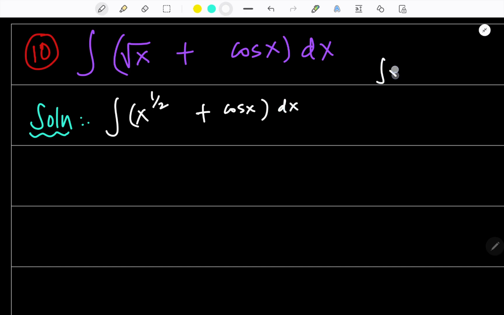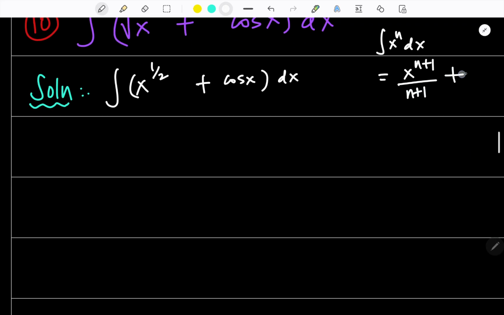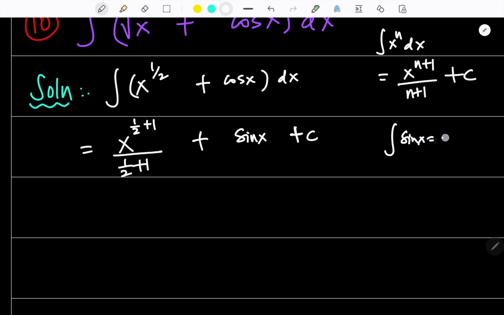The same formula I'm going to apply, the integral of x power n dx is equal to x power n plus 1 divided by n plus 1 plus integrating constant c. So x power half plus 1 divided by half plus 1 plus integrating constant. What is the integral of cosine? Very clear, it is sine x, right? And then plus integrating constant c, because the integral of sine is negative cosine. The integral of cosine is sine x.